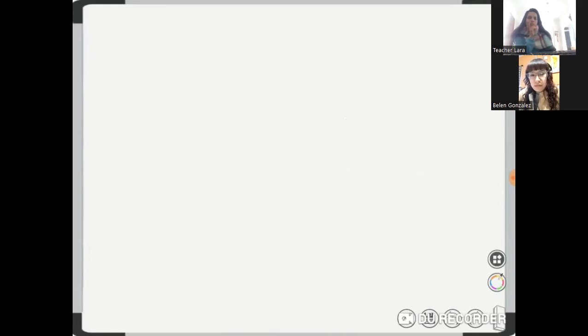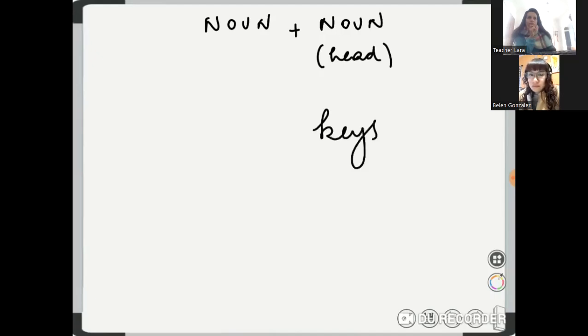Fine. But what other words can be pre-modifiers of a noun? Well, another noun can be pre-modifier of a head noun. For example, take the noun keys. We are talking about the keys. Yes, but somebody says, which keys?